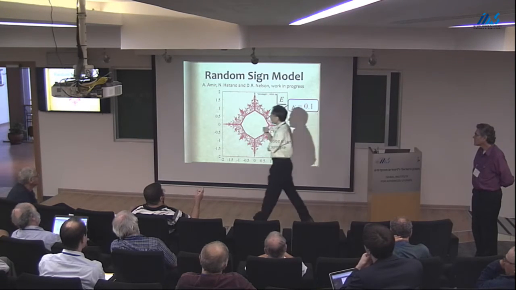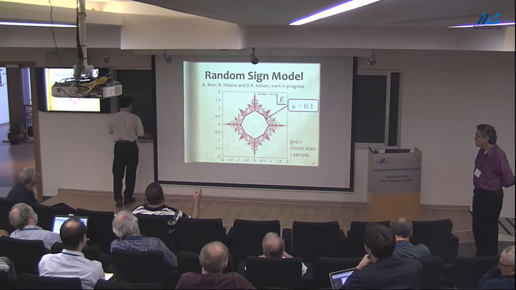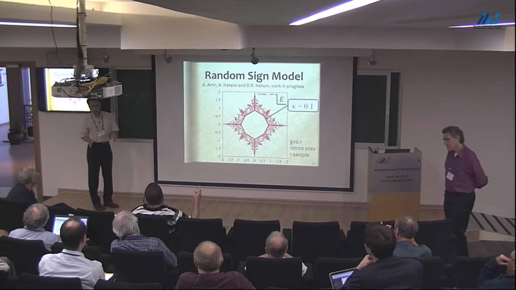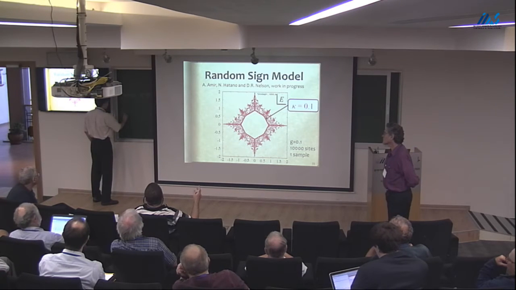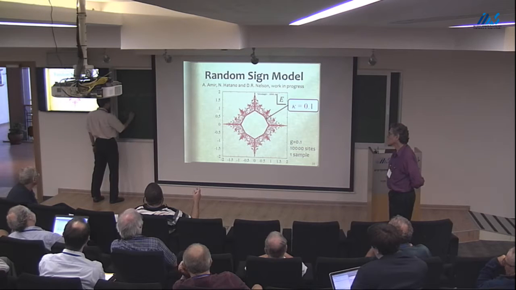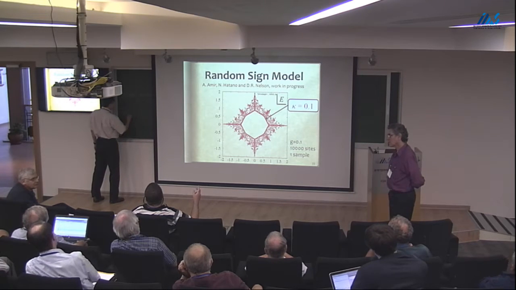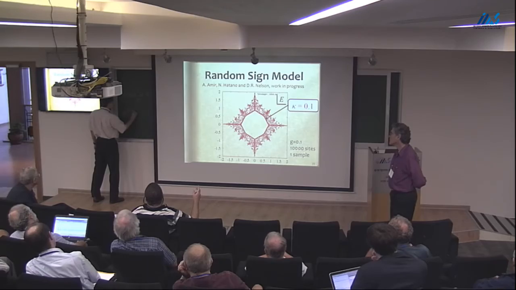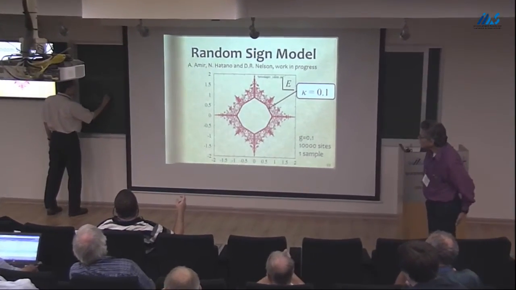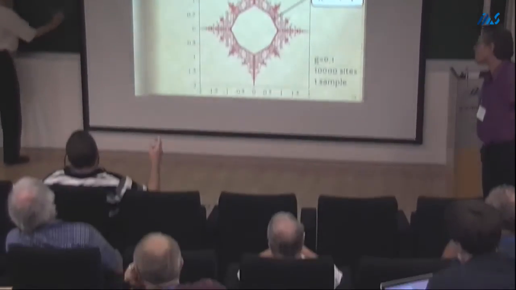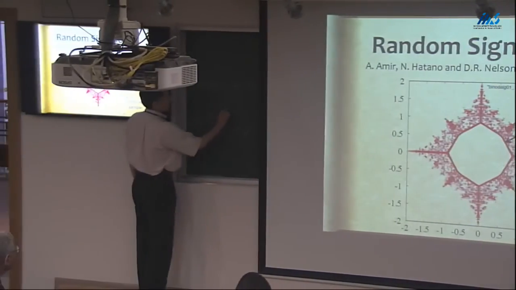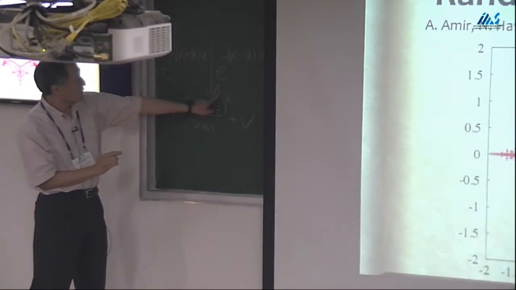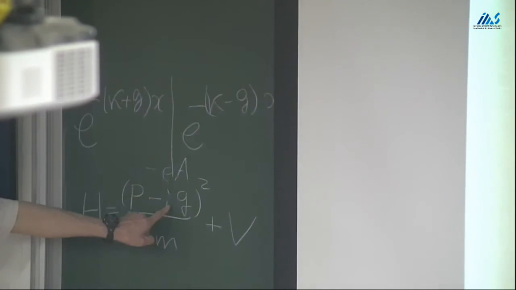So let's see. This is in the discretized space, but I can write this kind of Hamiltonian. Normally this would be e to the like this, but instead of a real vector potential, I replace it with an imaginary one.